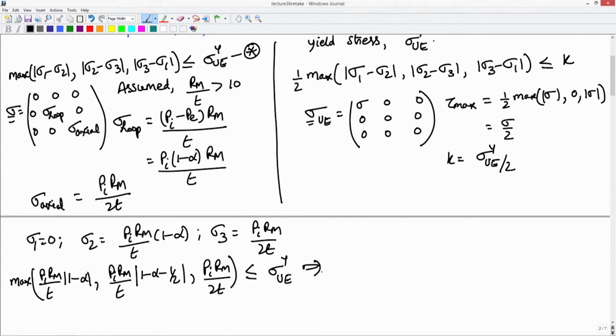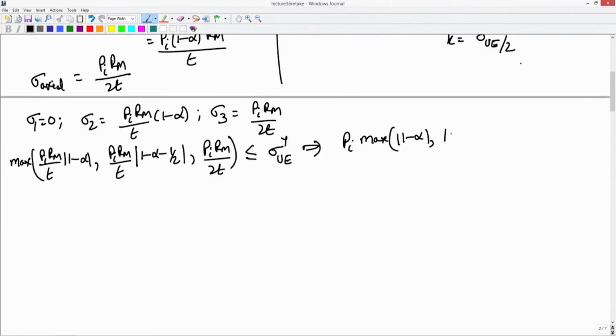What this tells us is that P_I into the maximum of the absolute value of (1 minus alpha), (1 minus 2 alpha) by 2, comma, 1 by 2 must be less than or equal to sigma_yue times T by R_m.